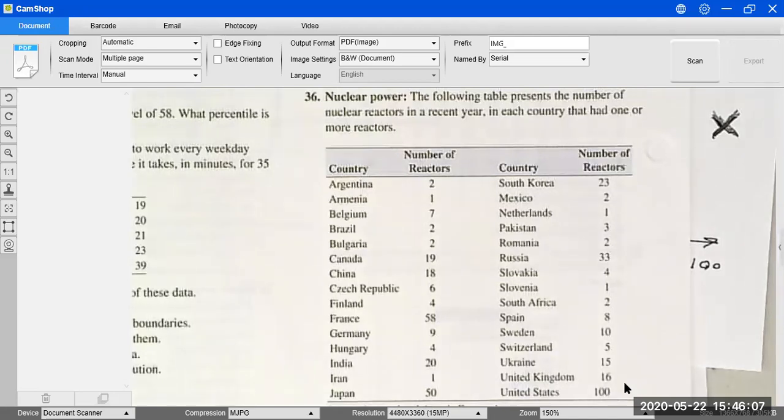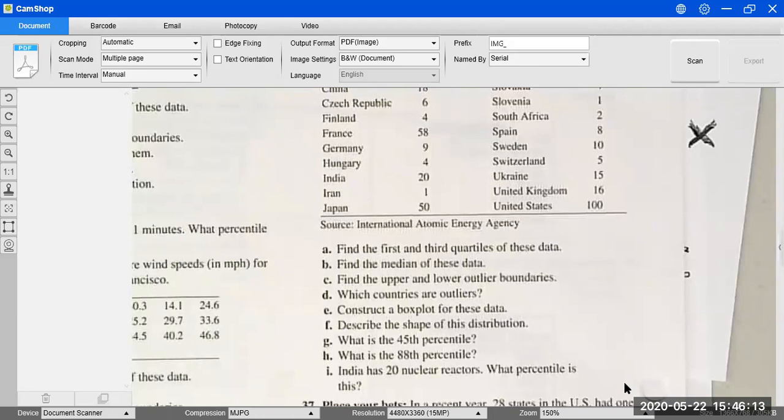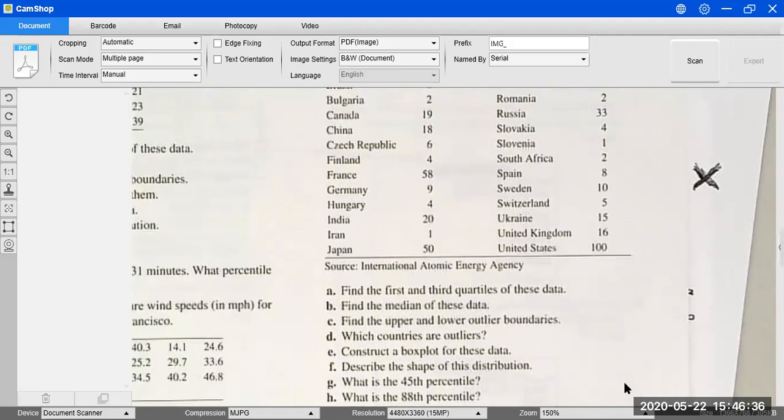Once you order those values, then you're going to respond to questions similar to the previous ones. So finding quartiles, outlier boundaries, finding outliers, constructing a box plot, and also finding percentiles and values given percentiles. So that's all for this lecture today.